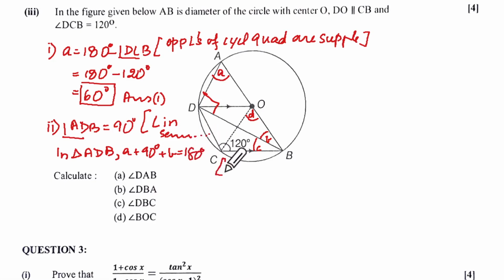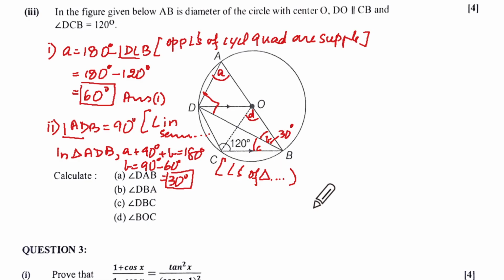The reason: angles of a triangle sum to 180 degrees. So 60 plus 90, so B will be equal to 90 degrees minus 60 degrees. How much is that? 30 degrees. So this is going to be 30 degrees. Alright, so we have the second answer.